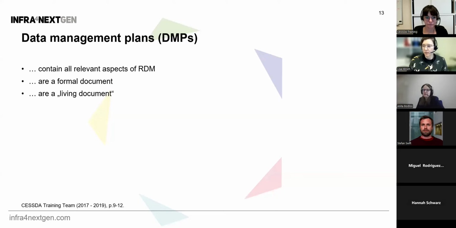Data management plans are a living document, which means that, of course, a plan is a plan and may change over time. And it's legit and necessary to adjust the plan accordingly during your research project.